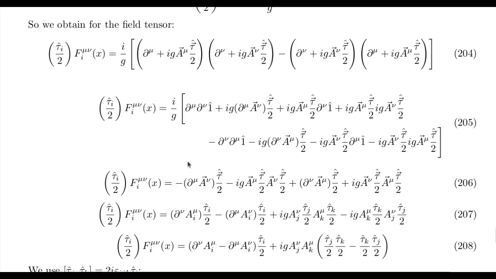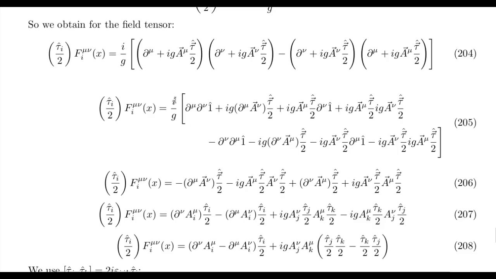Now we can cancel out some terms. This term is the same as this. The differentiation of a constant is 0. So these 2 terms and these 2 terms vanish. And so we have only these 4 terms in 206, and we have written that without the great brackets here.